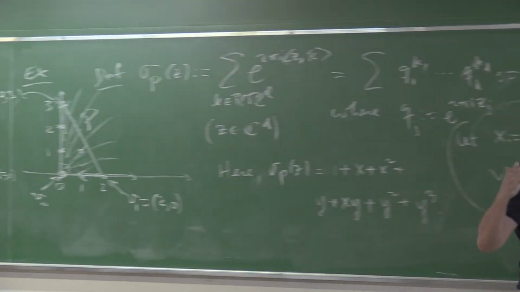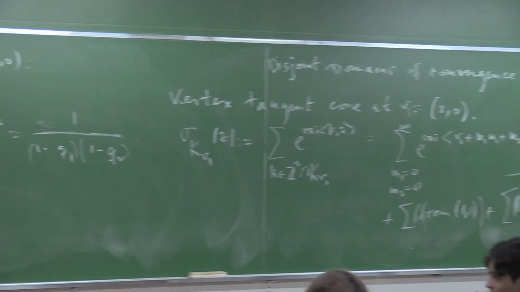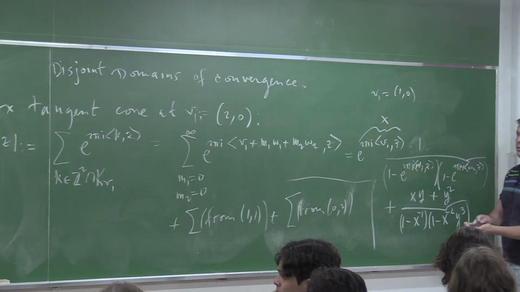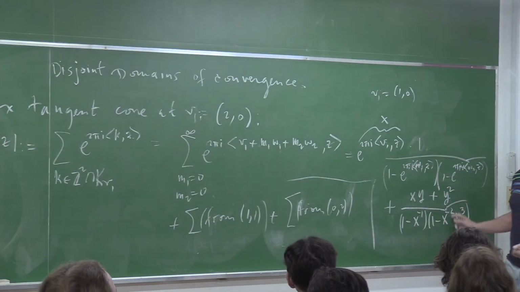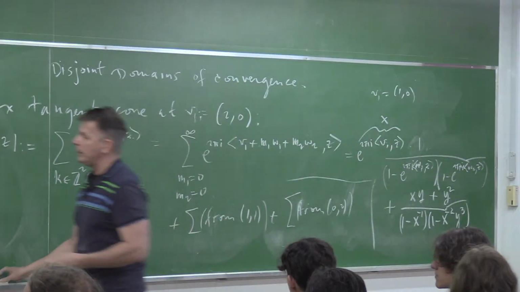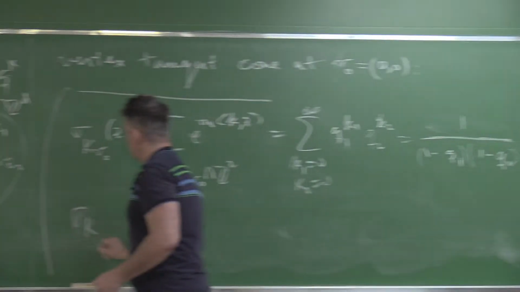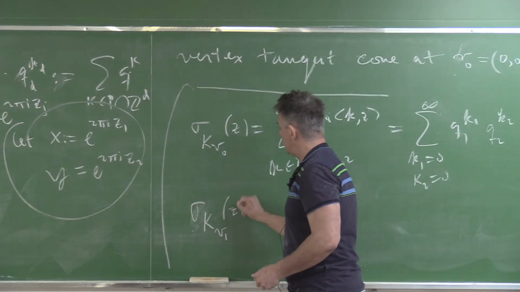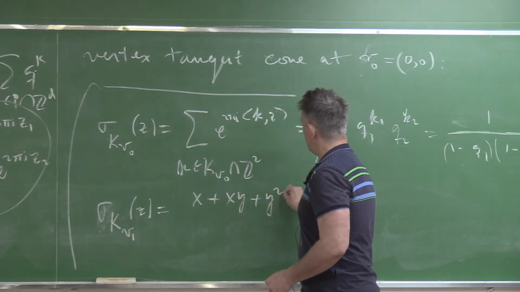You're still on the back of the dog, right? So far the integer points inside the integer cone become a sum of 3 monomials in the numerator, x plus xy plus y squared, divided by this. Let's rewrite this cleanly over here. So far we have that this integer point transform of the tangent cone at v1, 2 comma 0, is equal to x squared plus xy plus y squared.